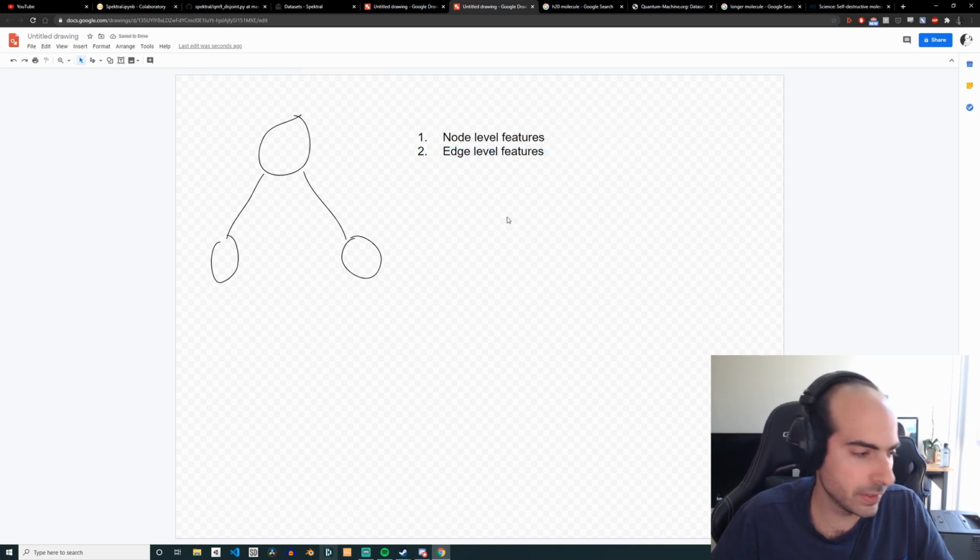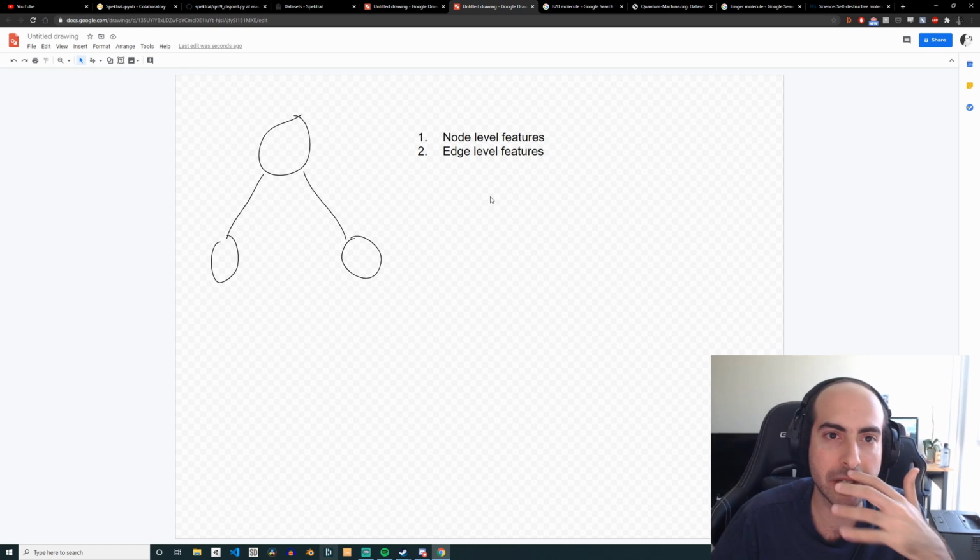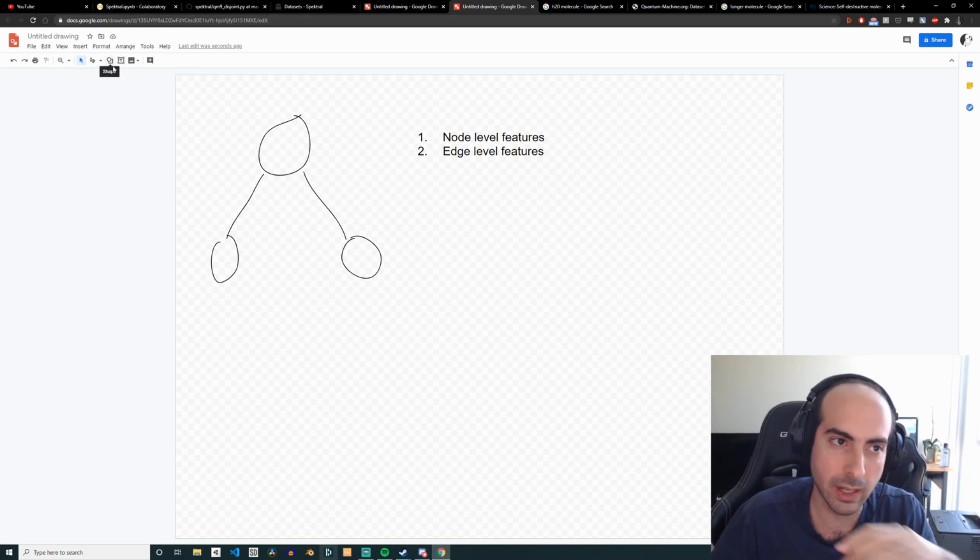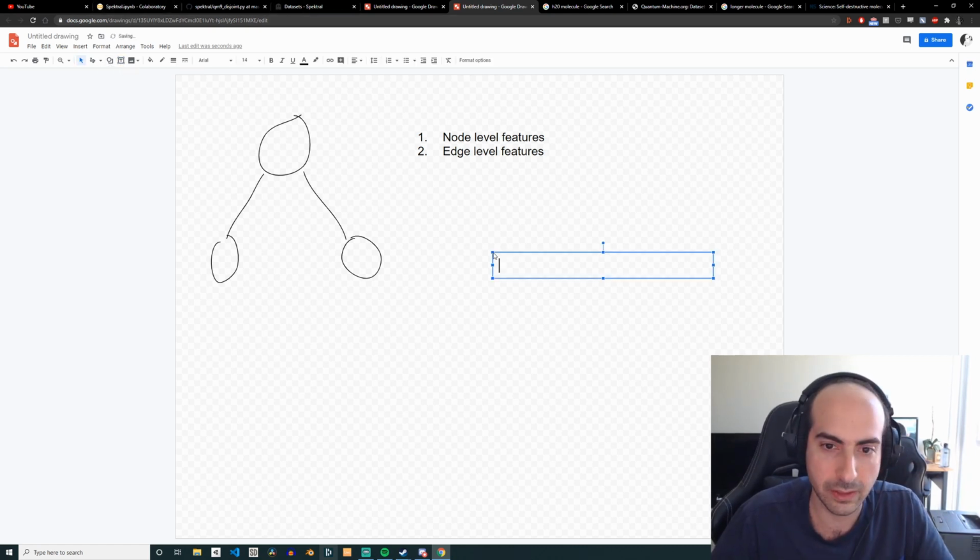A simple idea, and you can think of this as pseudocode, but it does end up mapping very closely to what Spektral does. It'll still help you understand everything that's going on.